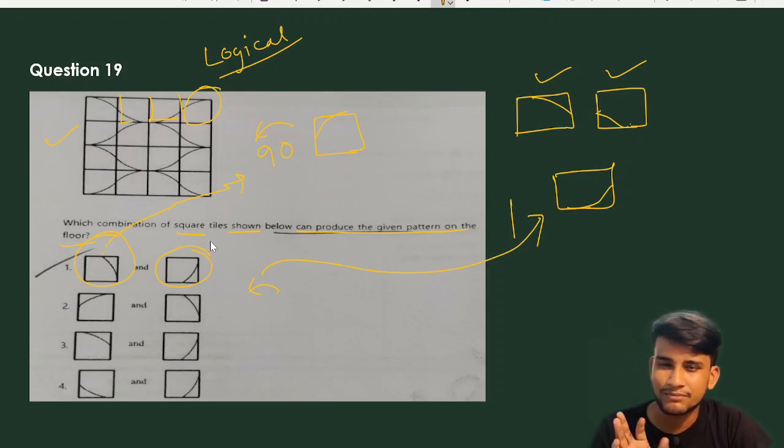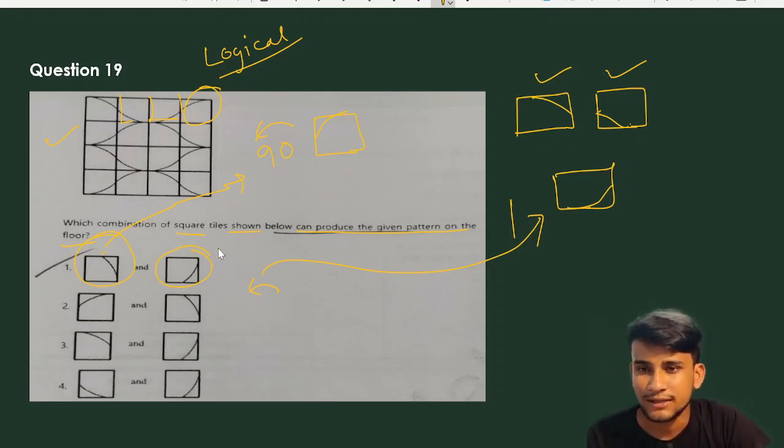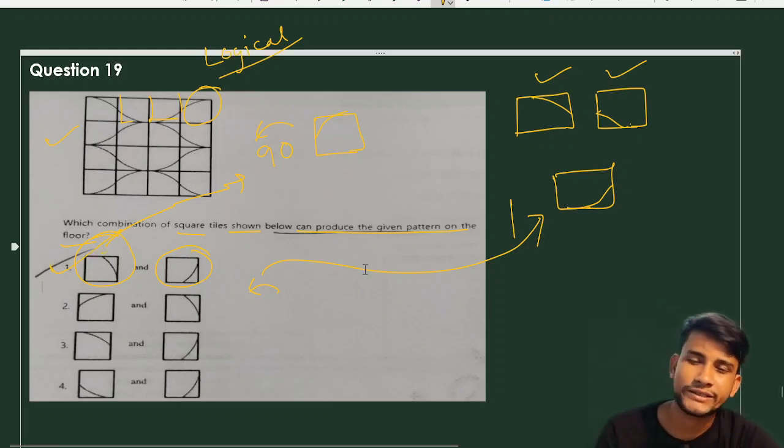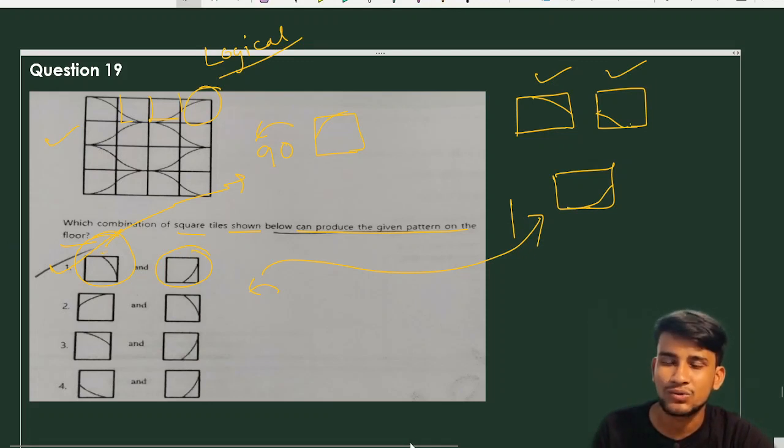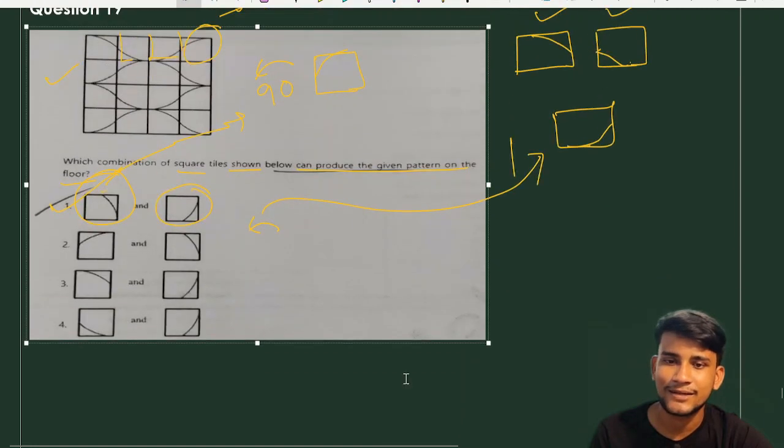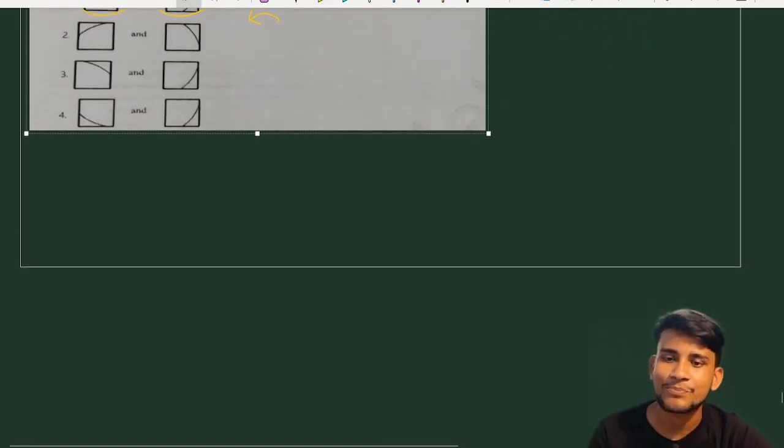You can see this is basically a logical question, so here option A is correct. You can check once, otherwise there is no such explanation for these questions. This is just seeing. If you see this picture logically or mentally, then you can find the answer.